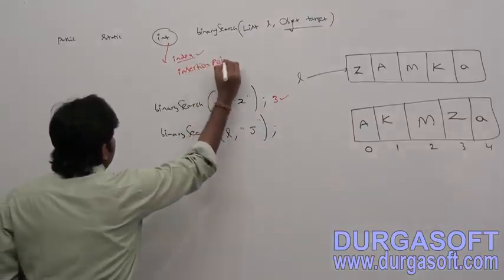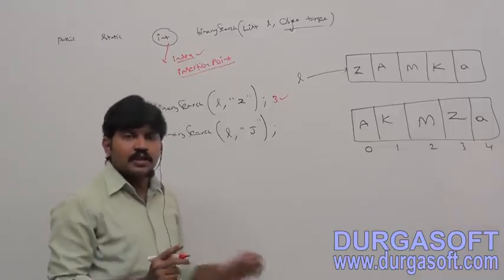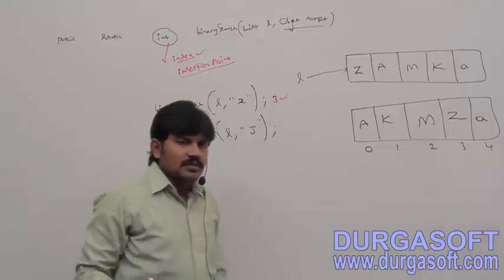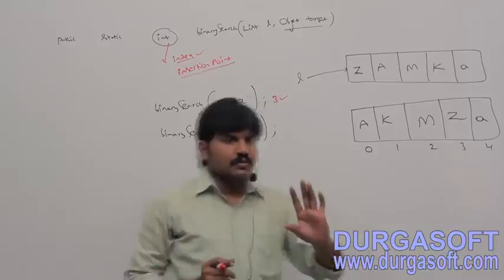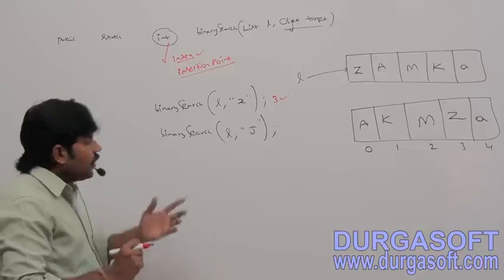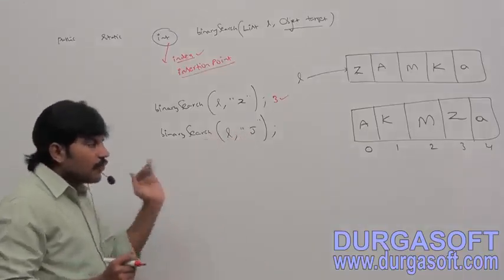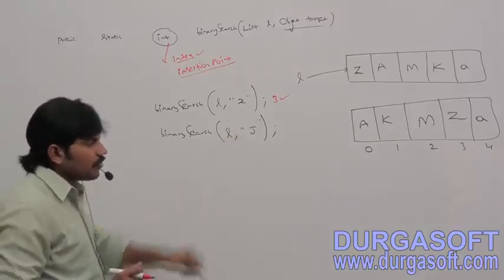Unsuccessful search returns what? Insertion point. Then immediately you ask, sir, what is the insertion point? Simple. The insertion point is a place where you can put this J. Of course, it doesn't mean you have to add it. If you want to add it, where can you place J?